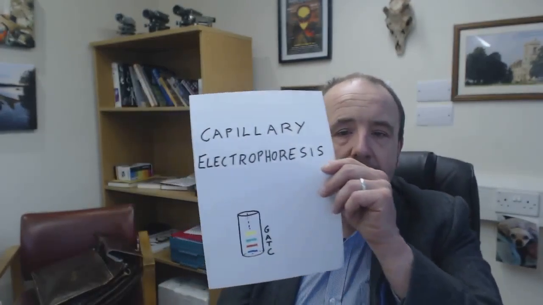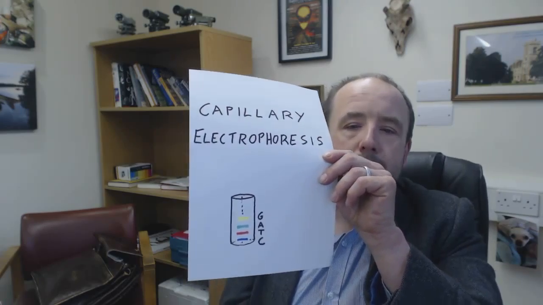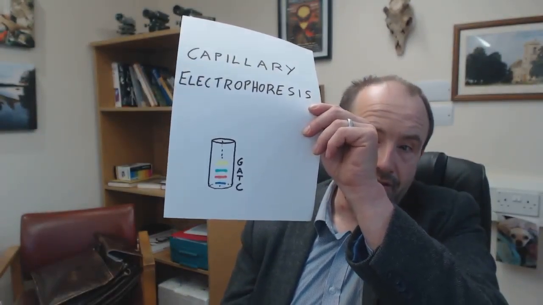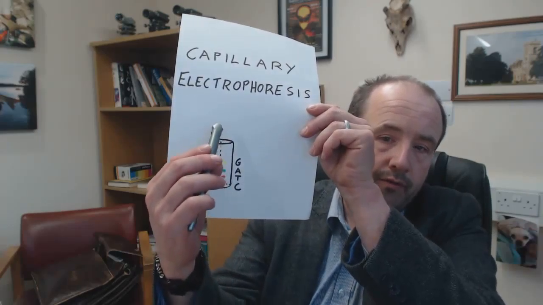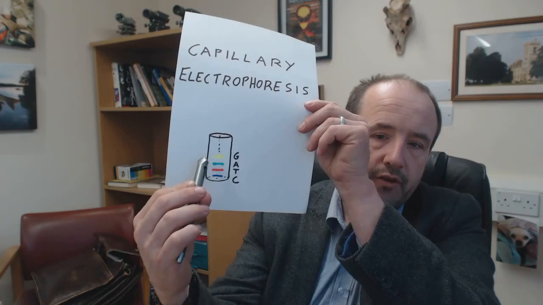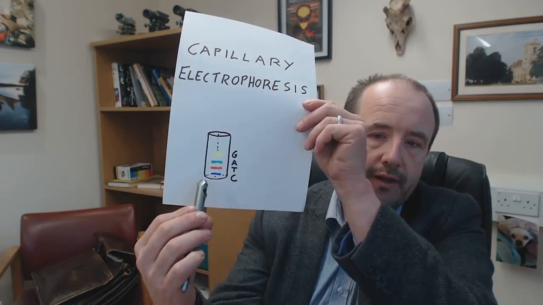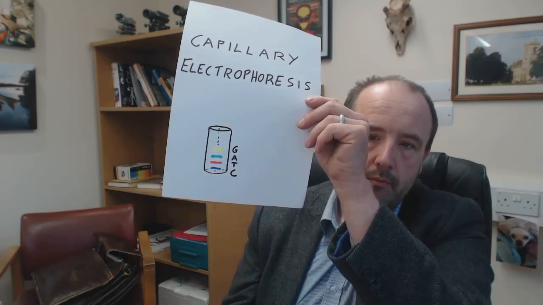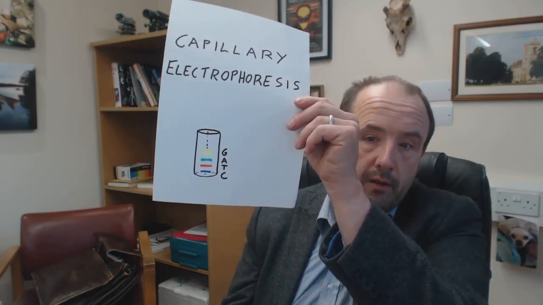a standard agarose gel. And we put our sequencing reaction into the top of the capillary, and we run down using standard electrophoresis. Okay, so we run an electric current through the capillary.